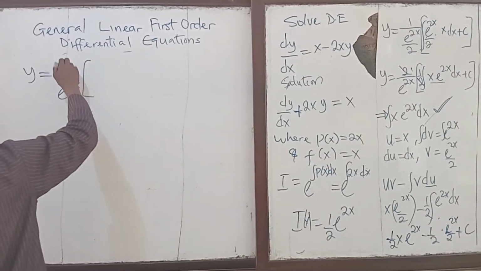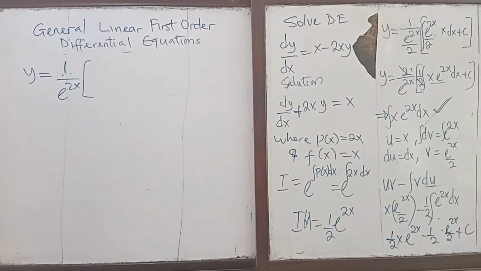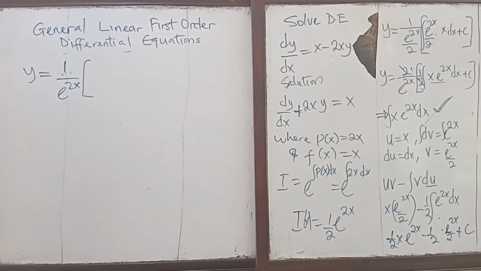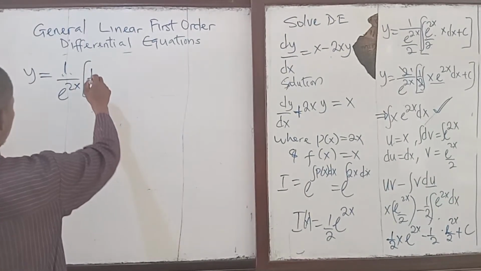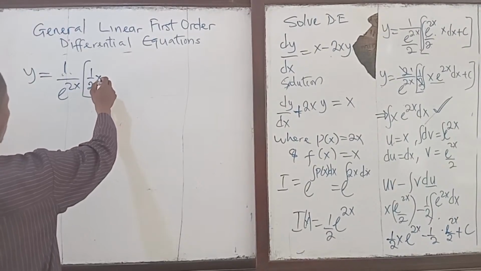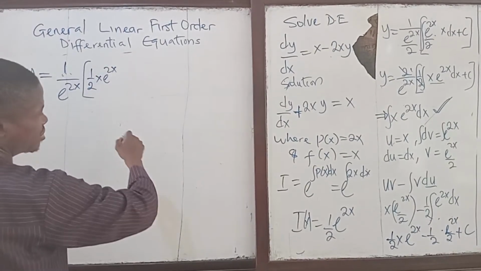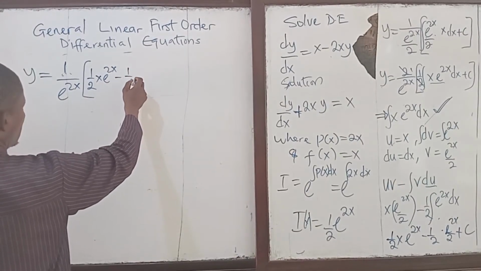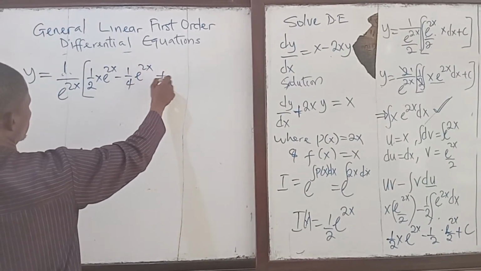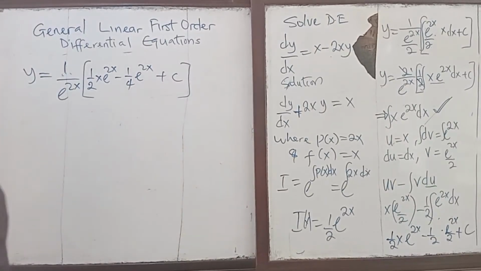This one is 1. And then for the integral of integration by parts, we're having half times x e to the power 2x, minus 1 over 4 e to the power 2x plus c. And that's the general solution for the question.